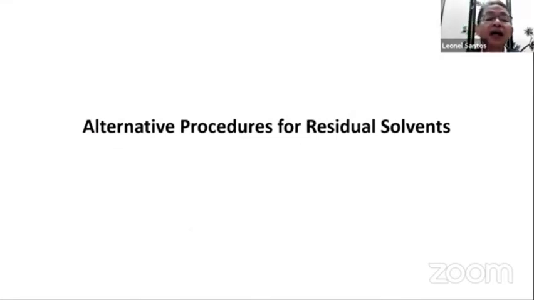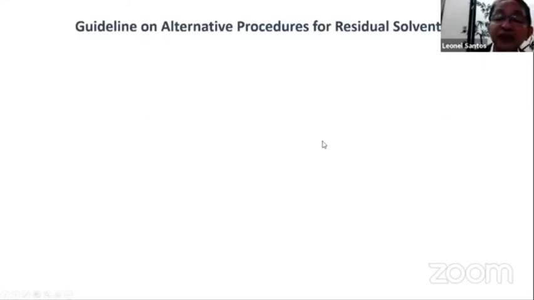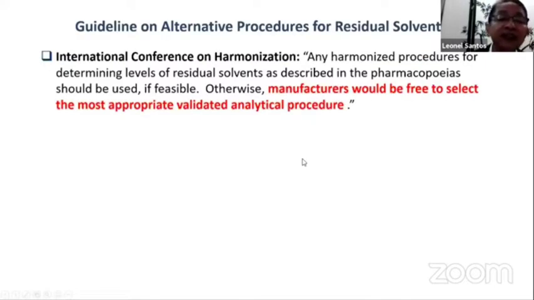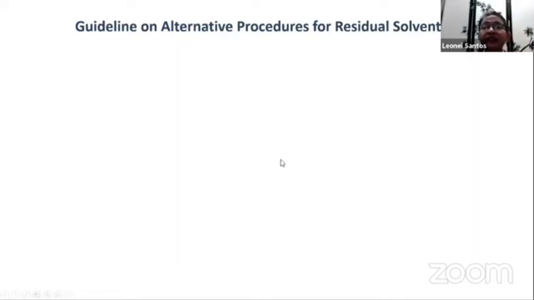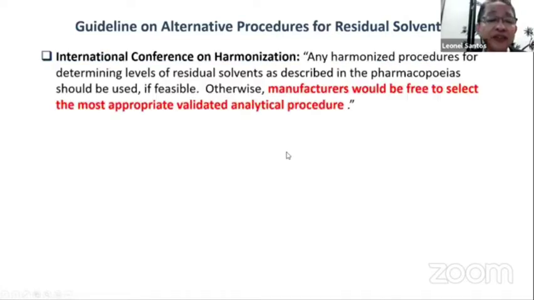Now, the next slides will be on alternative procedures for developing residual solvents. So in USP, there's a General Chapter 467 that describes the residual solvent analysis. Again, the La Salle University Central Instrumentation Facility has this instrumentation called the Headspace GC.